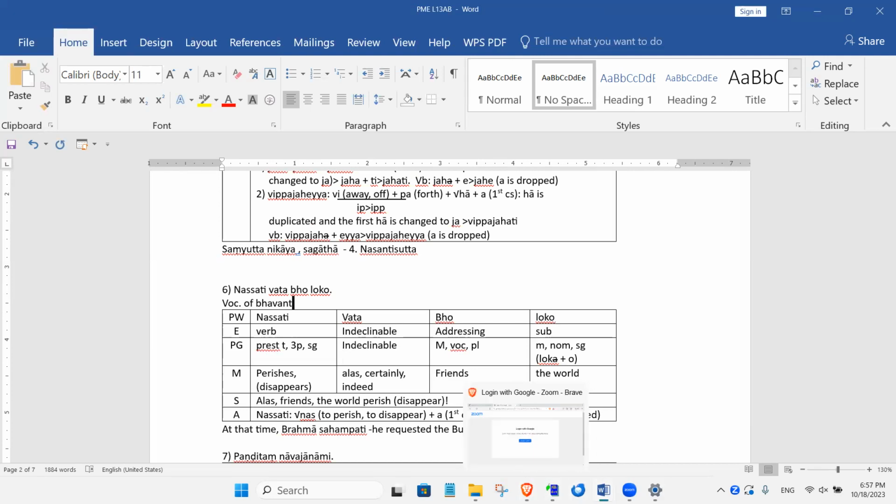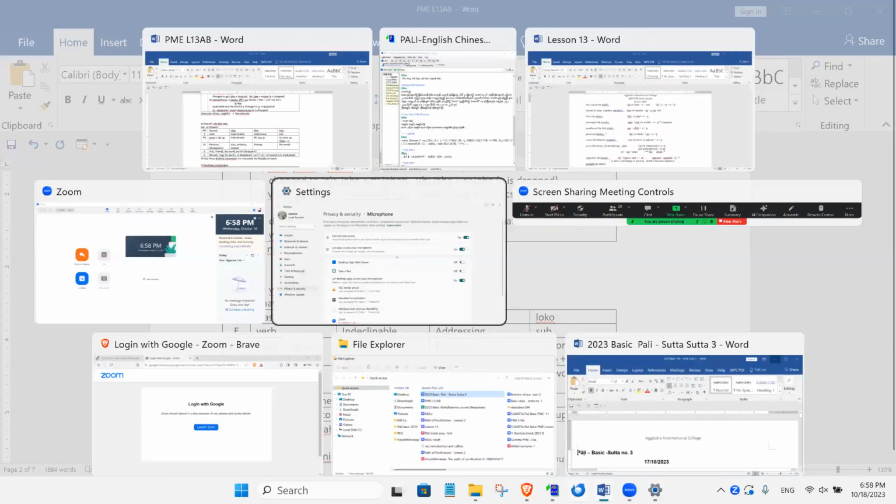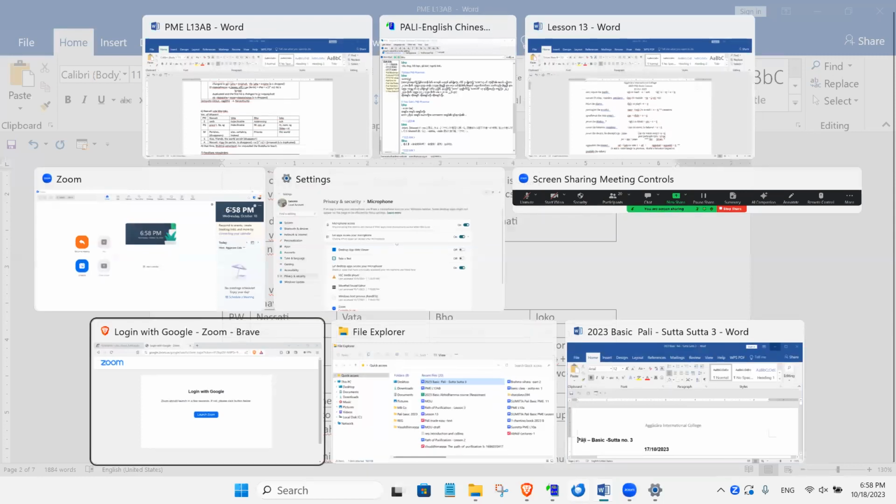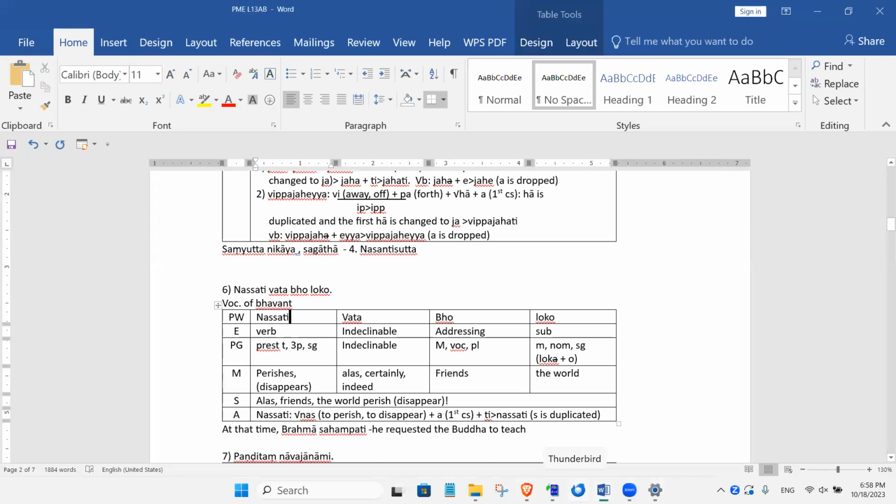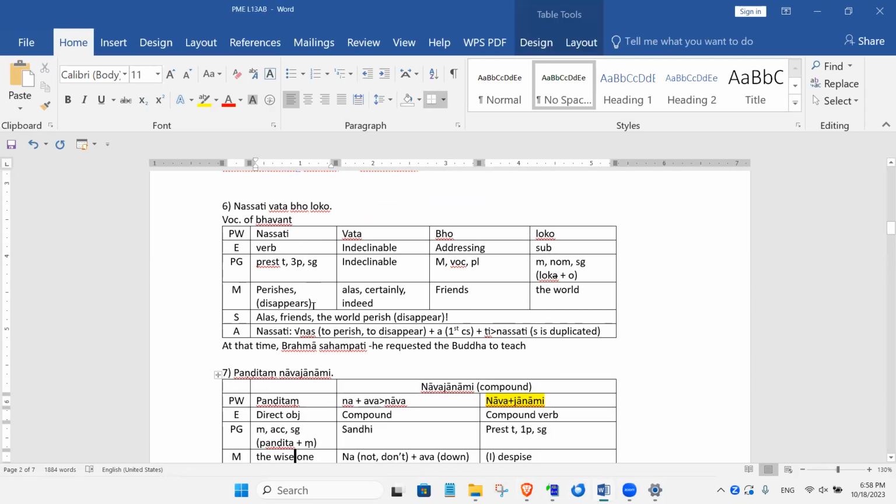So where is the? The bhavant is normally a plural indication, Sajid, consonantal or what? Lesson 21. Okay. So this one actually is another one ending with anta suffix. Yeah. Consonantal. All right. So the word perishes, friends. So vocative here. Right.